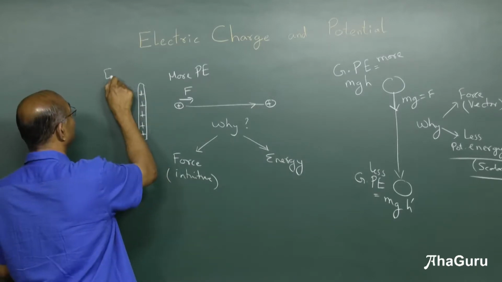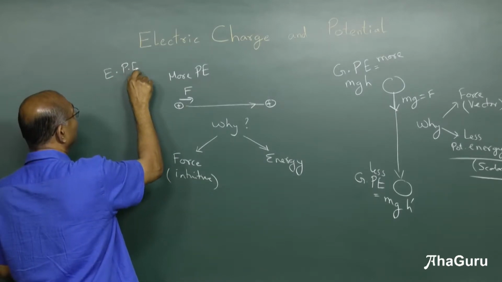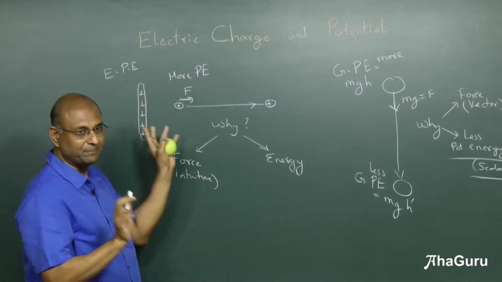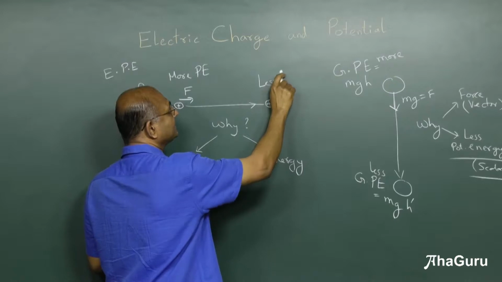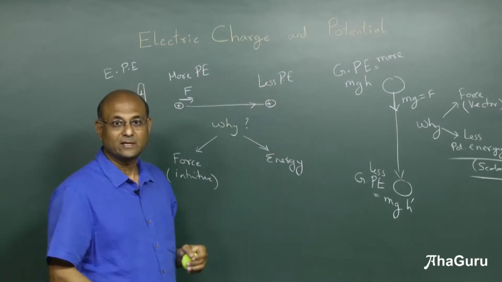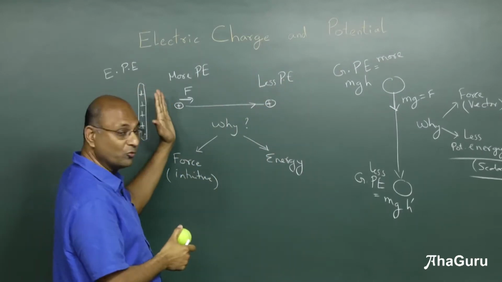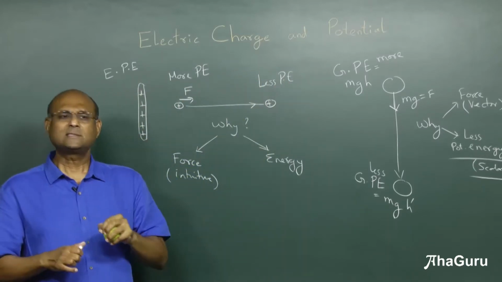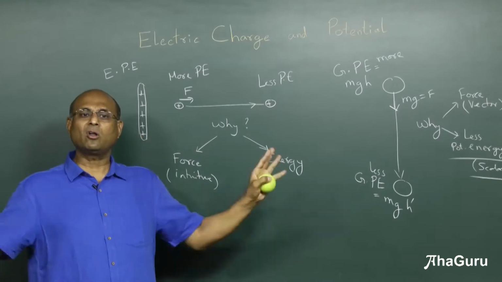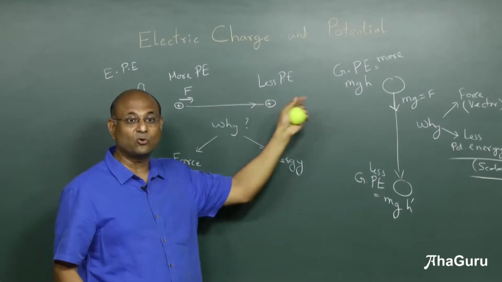Electrostatic or electric potential energy. So I will call it EP. So this has more potential energy. This has less potential energy. So this charge is moving from more potential energy to less potential energy. Is that surprising? No, all objects go from high potential energy to low potential energy.